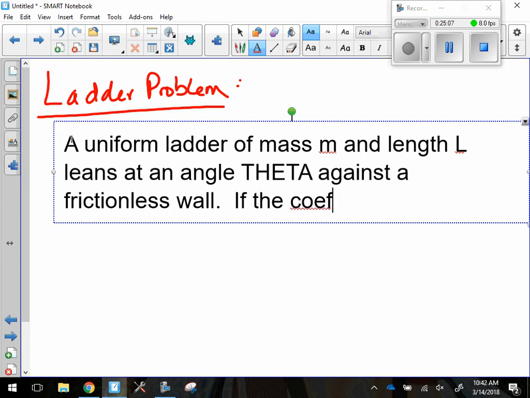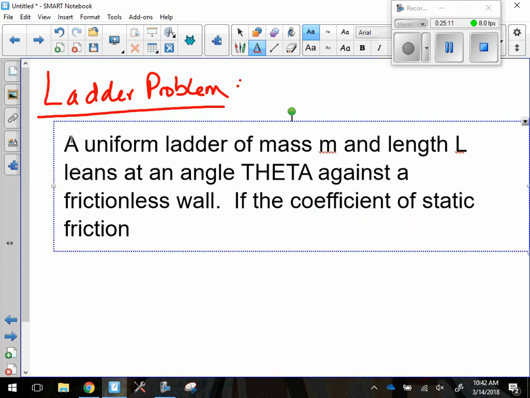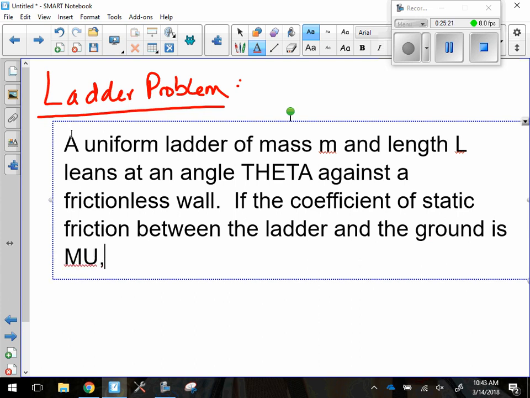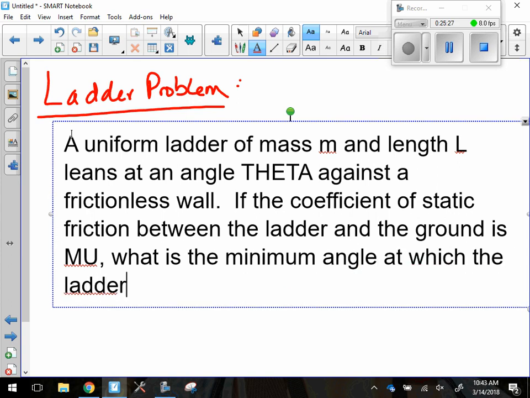If the coefficient of static friction between the ladder and the ground is mu, what is the minimum angle at which the ladder will not slip?